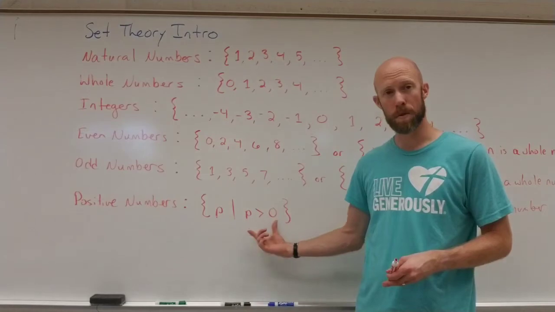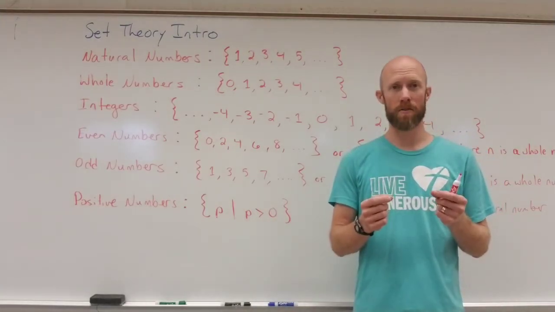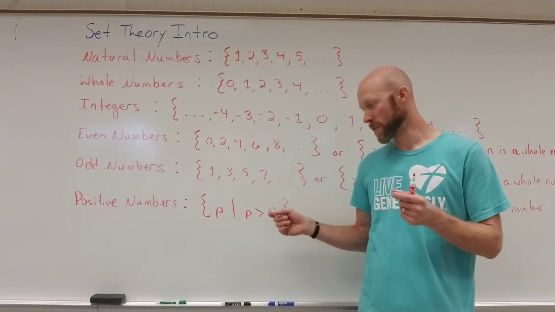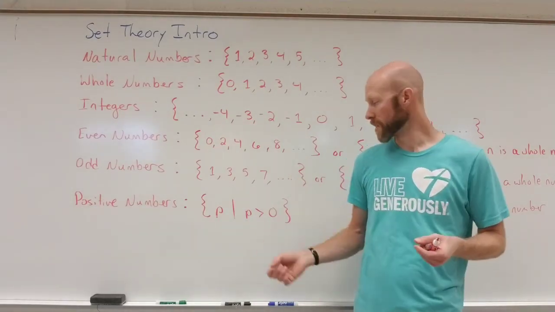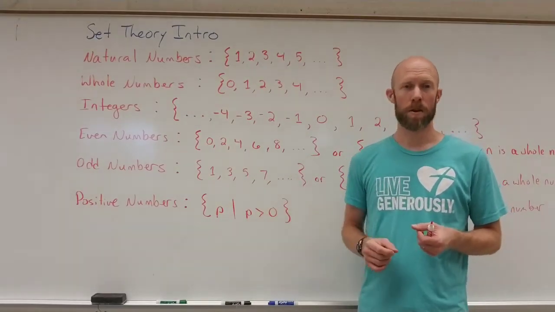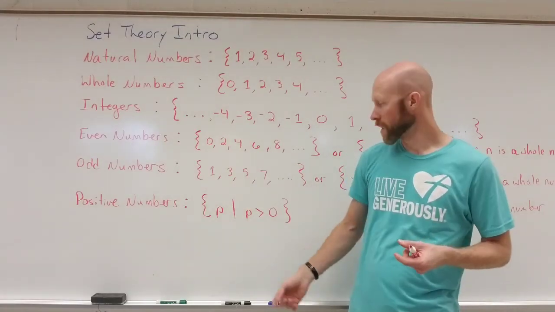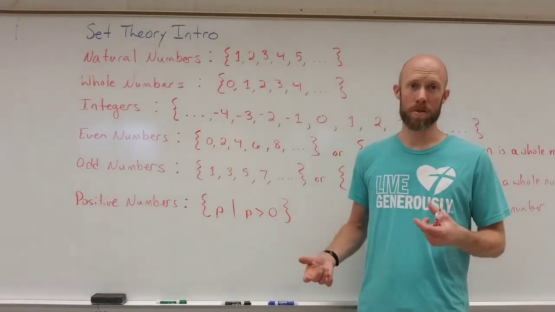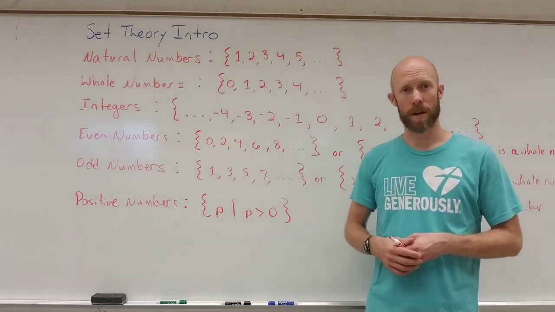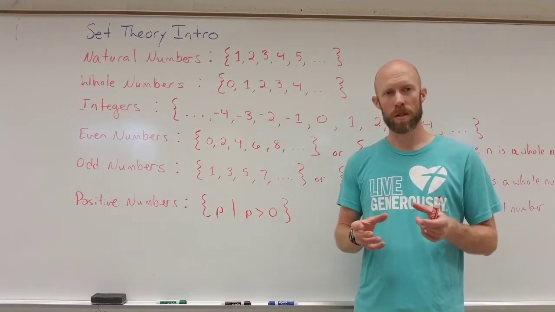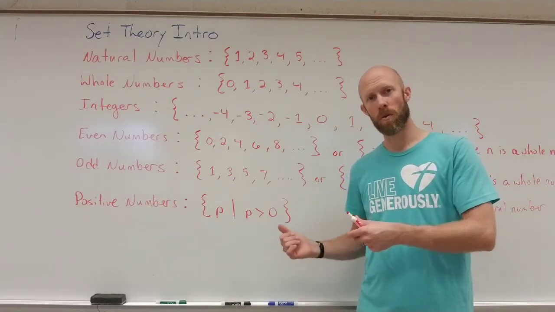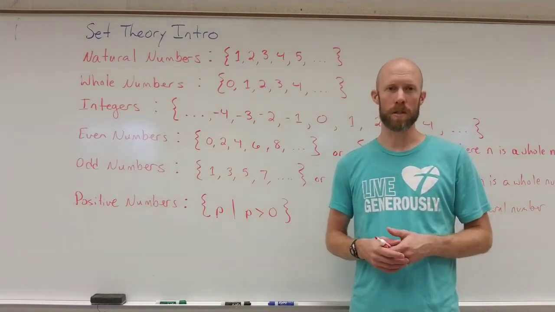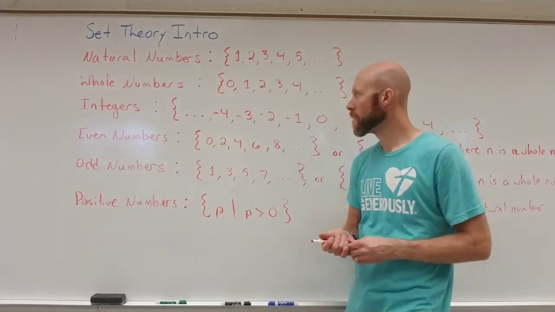It's well defined because I can specifically identify every number and categorize it either in this set or out of this set, right? The number 5/3 is in this set. The number -21 is not in this set. The number 0 is not in this set, okay? So we can very clearly describe or identify every number as being in or out of this set. That makes this well defined, all right?